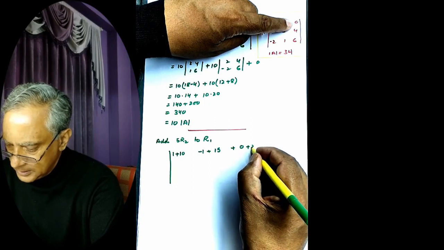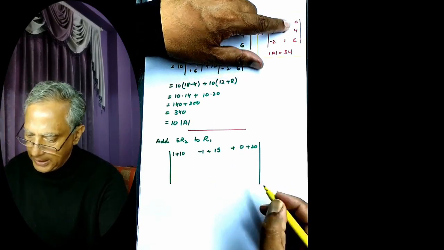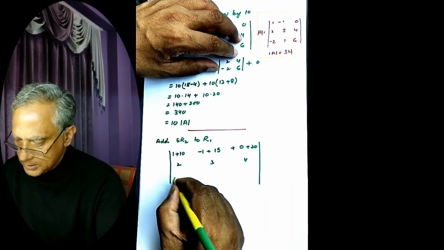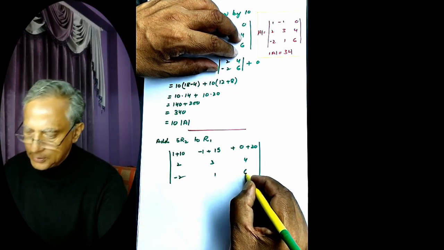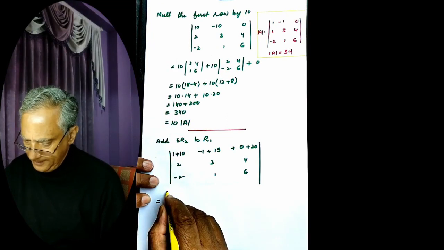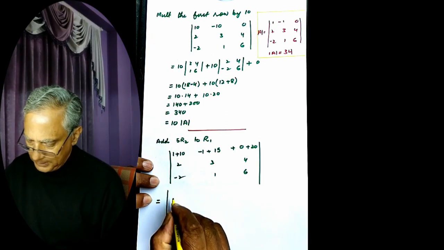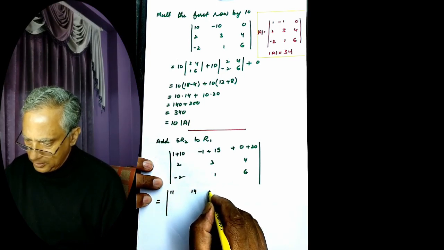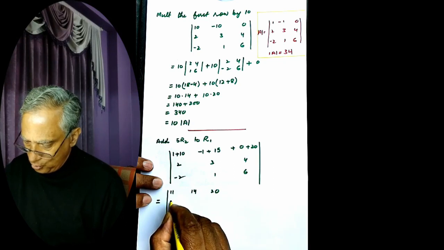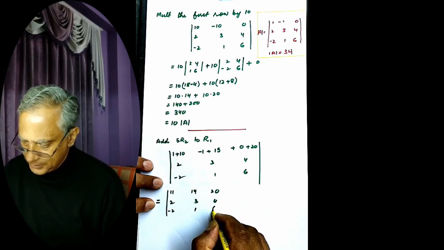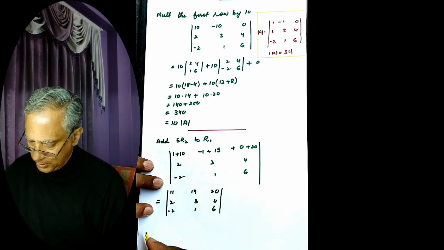So this is 20. And we get 2, 3, 4, minus 2, 1, 6. Now if I evaluate it, we get 11, 14, 20, 2, 3, 4, minus 2, 1, 6.